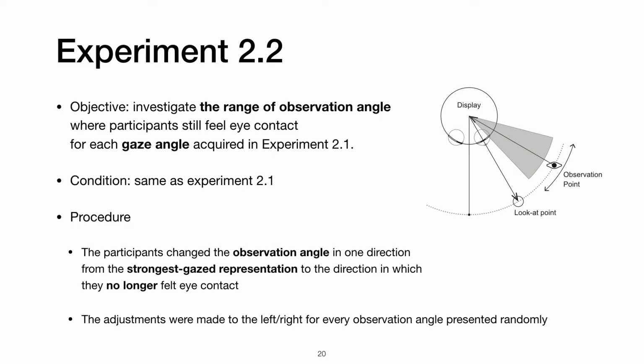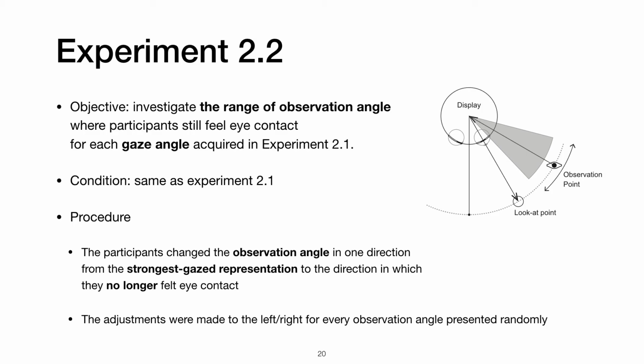The condition is the same as 2.1, and in the procedure the participants change the observation angle in one direction from the strong gaze representation acquired in the last experiment to the place where they no longer feel eye contact. These adjustments were made to the left and right, and every observation angle was presented randomly.